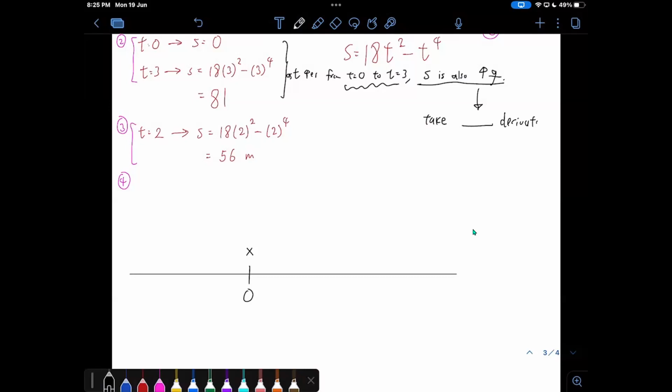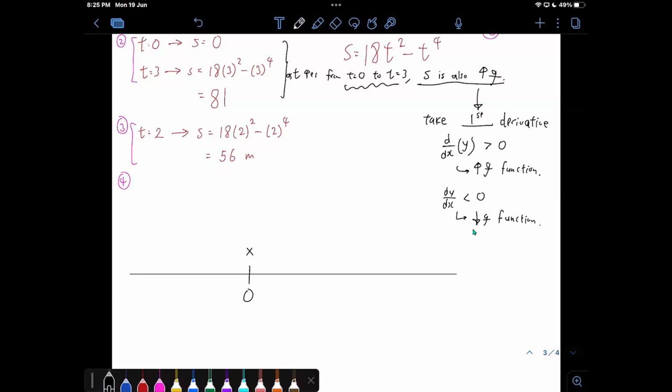Second derivative? No, first derivative, and you check that the value is more than 0. Remember dy by dx, if it's more than 0, it's an increasing function, for its corresponding interval of values of x. If it's the other way around, dy by dx less than 0, then it will be a decreasing function.